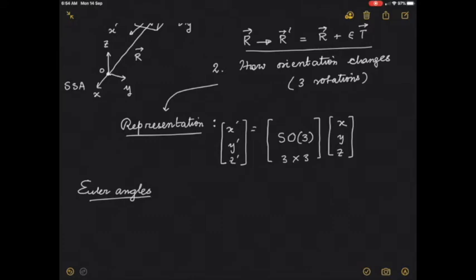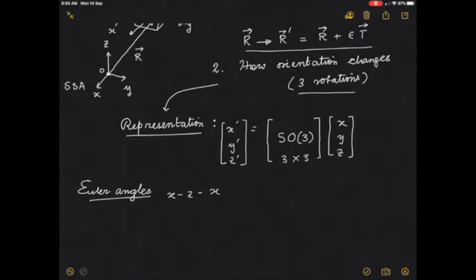This needs to have three independent components because it has 3 degrees of freedom only. The rotational degrees of freedom is 3, and it can be given in terms of 3 Euler angles. In the Euler case, we said that first we do an x rotation, then we do a z rotation, then we do an x rotation again.